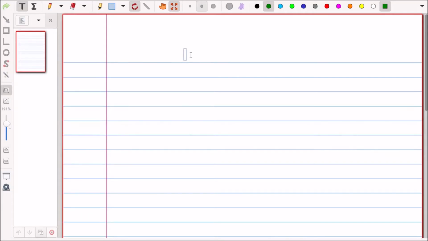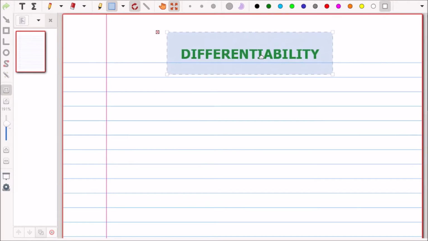So last time what we were doing? We started with differentiability, right? We introduced differentiation. We introduced the definition of limit of a derivative, right?